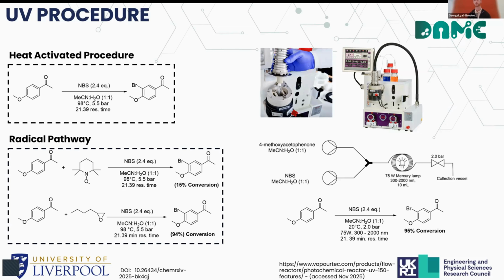And the use of UV also enables us to significantly lower the temperature of the reaction to 20 degrees C. And that also meant we could in turn reduce the pressure down from 5.5 bar to 2 bar. Interestingly, if we didn't control the temperature that was given off by the light source, we observed a significantly reduced conversion, and I'll talk about the potential reasonings for that slightly later in the talk.